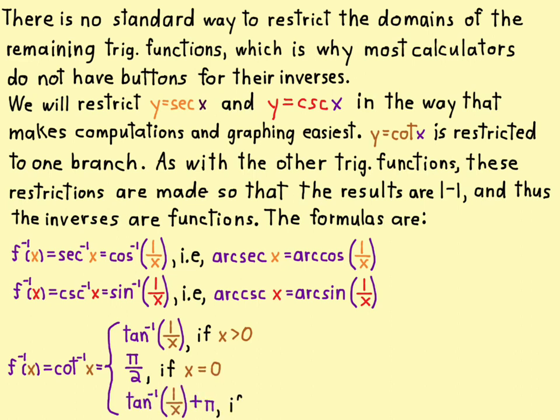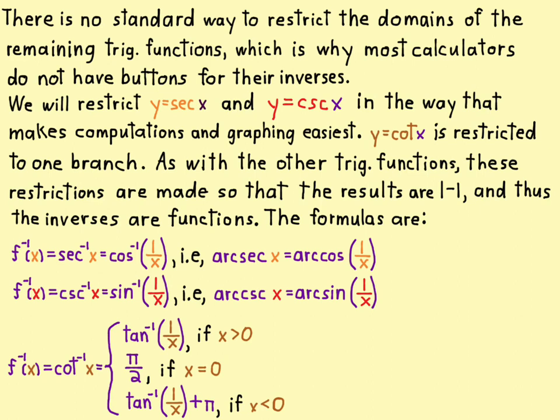If x is positive, it's the same as the previous two. So cotangent inverse of x equals tangent inverse of 1 over x if x is positive. But if x is 0, you get pi over 2. And if x is negative, you get tangent inverse of 1 over x plus pi.